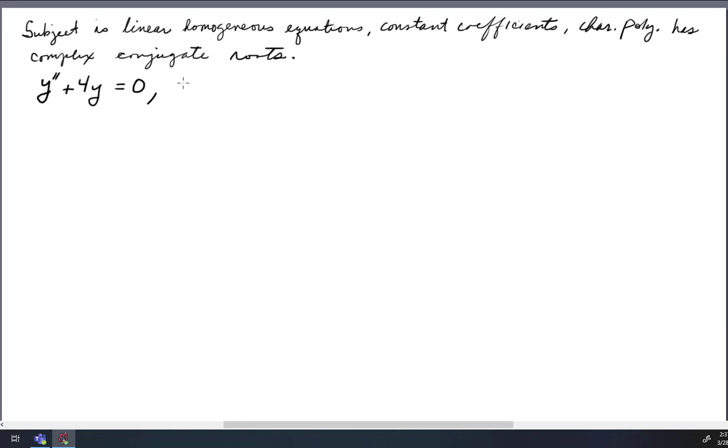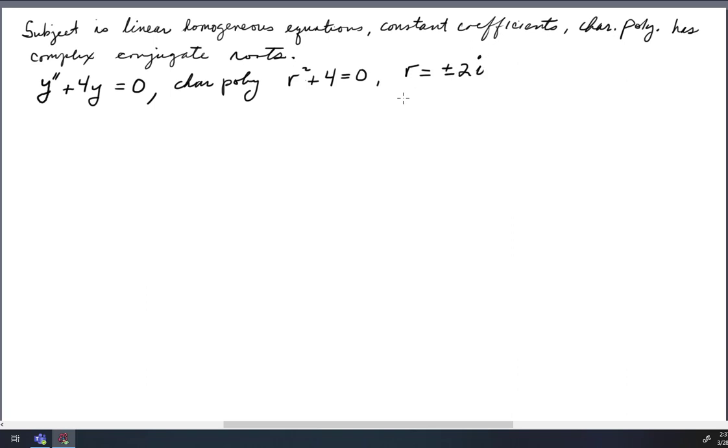And so if we were confronted with that, I think the first thing we would do would be to find the characteristic polynomial. And that would be r squared plus 4 equals 0, which would have solutions r equal to plus and minus 2i.